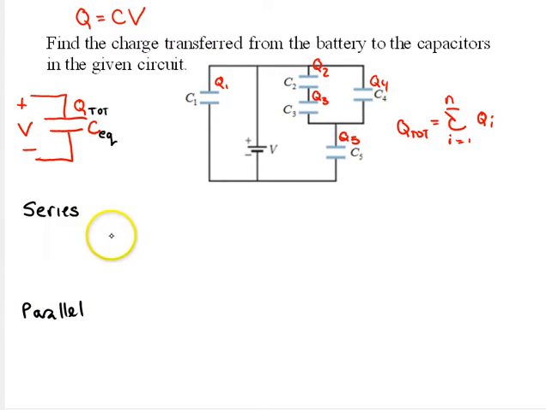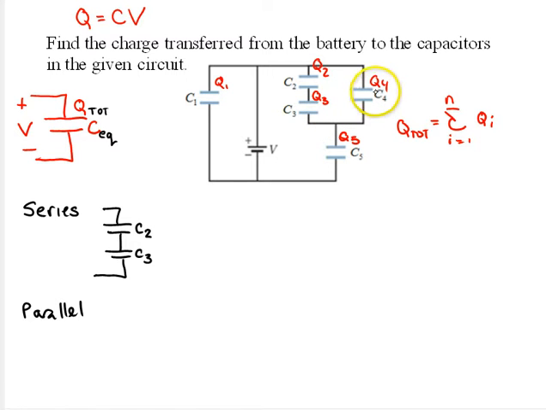Capacitors in series are connected only at one of the 2 terminals. As an example, these 2 capacitors would be in series. We can recognize here that C2 and C3 are in series. None of the capacitors right now are individually in parallel.